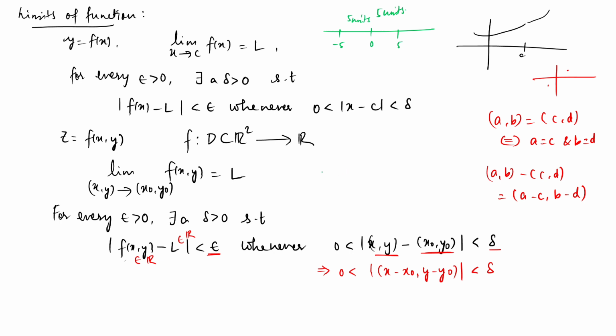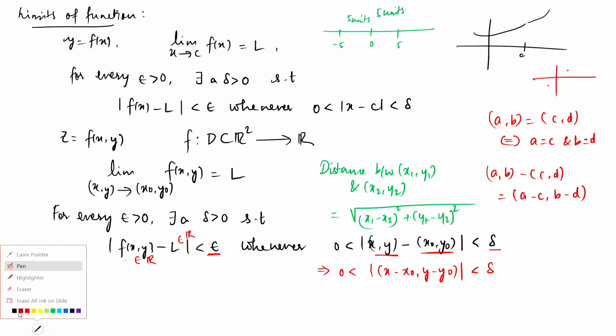So what is the distance between 2 points, x1 y1 and x2 y2? We know it is under root x1 minus x2 whole square plus y1 minus y2 whole square. This is the distance formula. Here we have a point already, that is x minus x naught, y minus y naught, and the other point is 0.